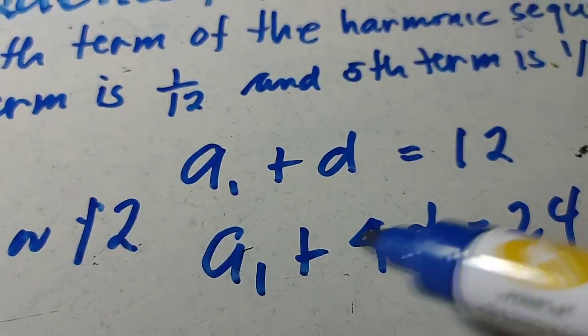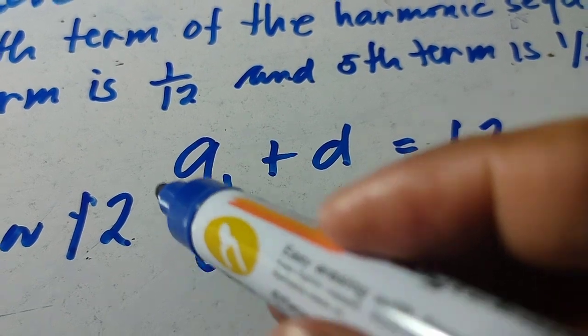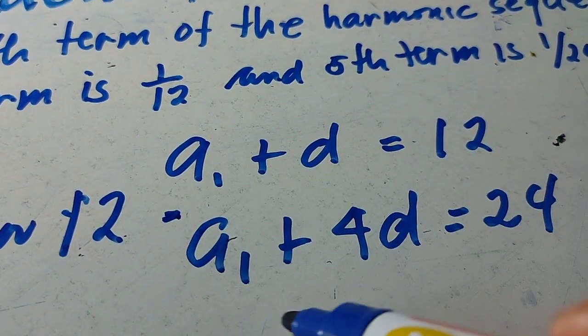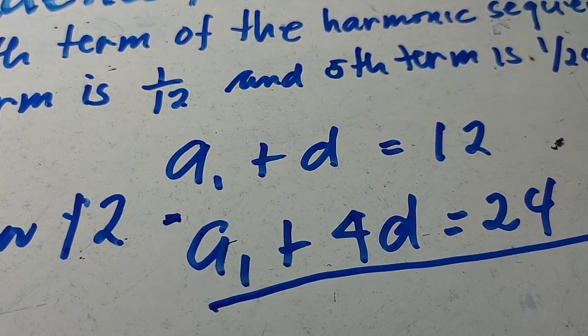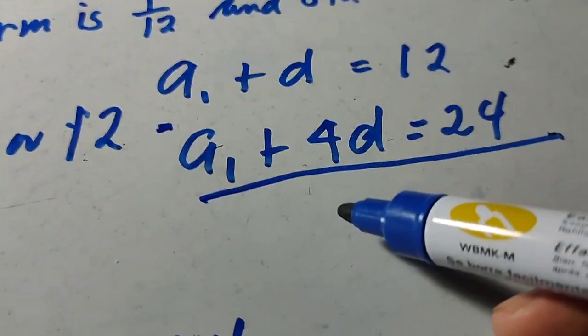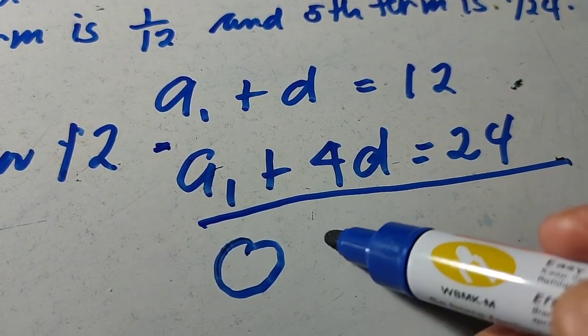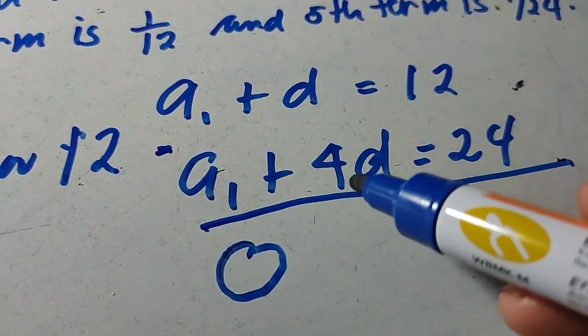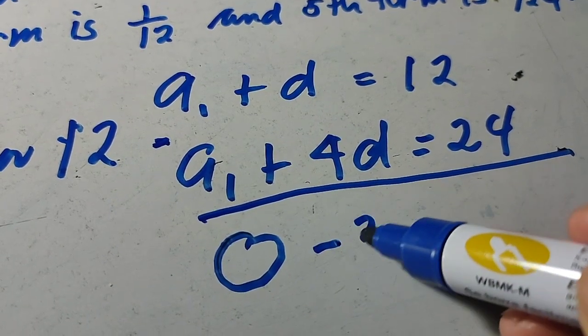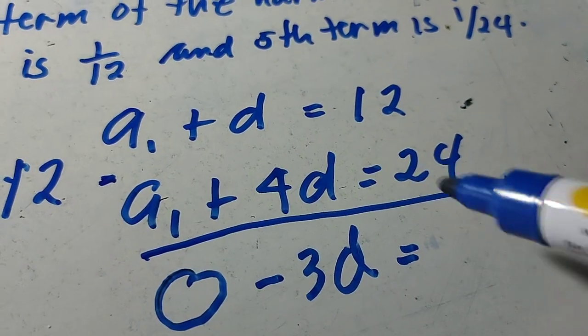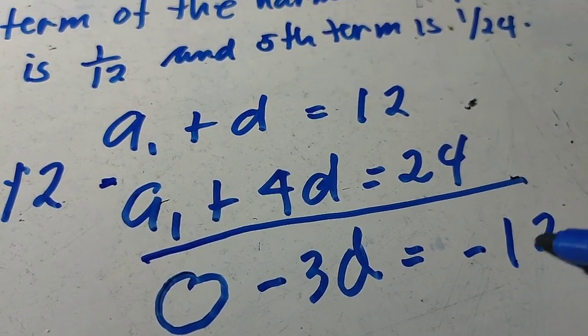So we are going to eliminate or reduce the given equations, two equations, so we are going to use subtraction. So if you still remember, that is what we did last time. So this is now equal to 0. Then d minus 4d is negative 3d. That is 12 minus 24 is negative 12.